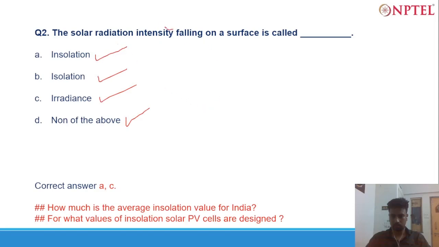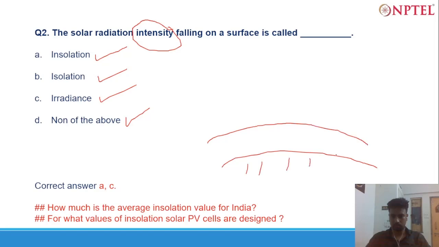Let us now look at the word intensity. What does intensity signify? So this is Earth. This is atmosphere. When sun ray reaches the Earth, this value is known as irradiance, the amount of solar energy received at the Earth's surface.